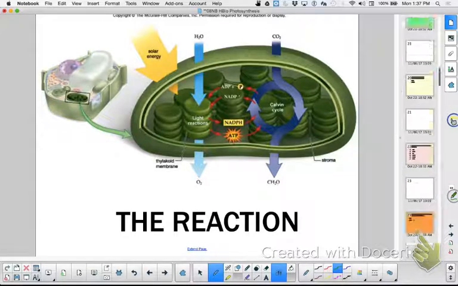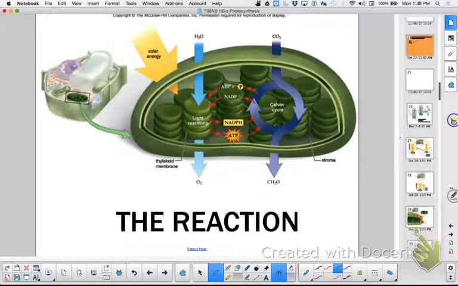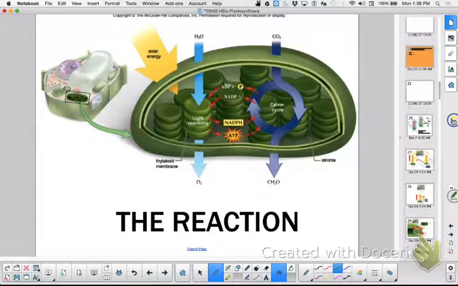Okay, I'm going to jump right into the process of the light reaction, and I want you to know this is taking place right here on these thylakoid membranes. Just like we did the electron transport chain in cellular respiration on the cristae of the mitochondria, now we're going to do the light reaction on the thylakoid membranes of the chloroplast.